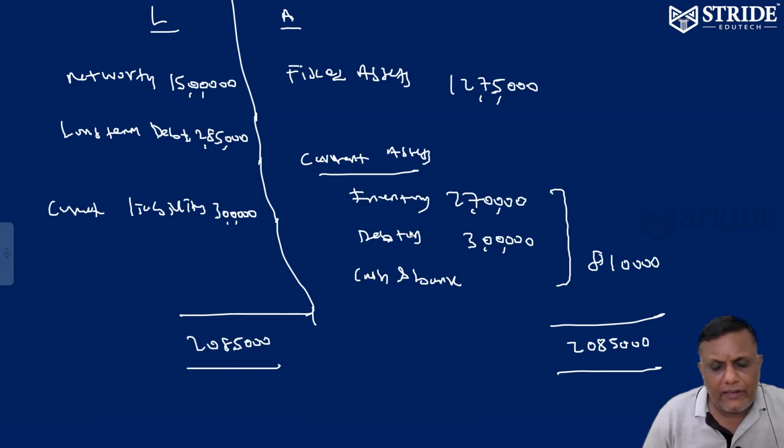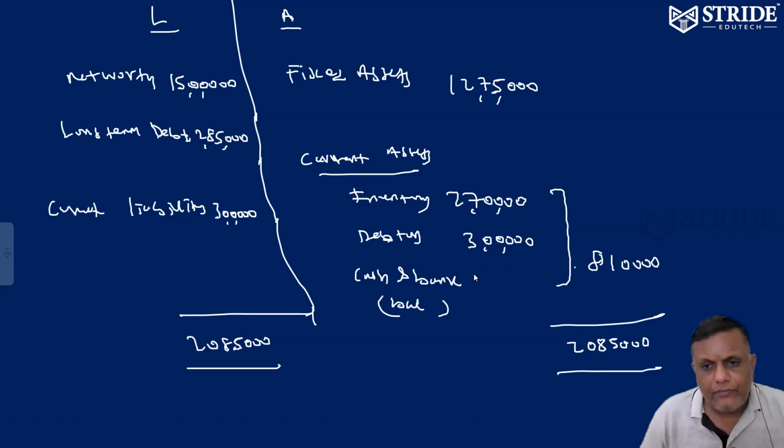Out of 8,10,000, if you subtract inventory from current asset, the balance figure is cash and bank. So 8,10,000 minus 2,70,000 minus 3 lakhs is going to be 2,40,000. So cash and bank is 2,40,000.